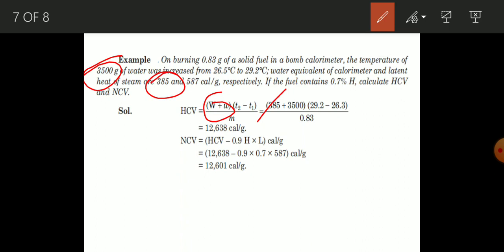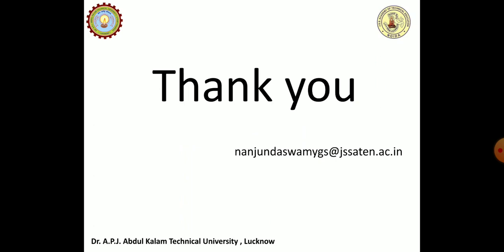The rise in temperature is 29.2 minus 26.5, divided by 0.83 grams of fuel taken. The higher calorific value is equal to 12,638 calorie per gram, and NCV is equal to HCV minus 0.09H into 587. Substituting the values, you will get 12,601 calorie per gram. This is how to calculate the higher calorific value and lower calorific value.